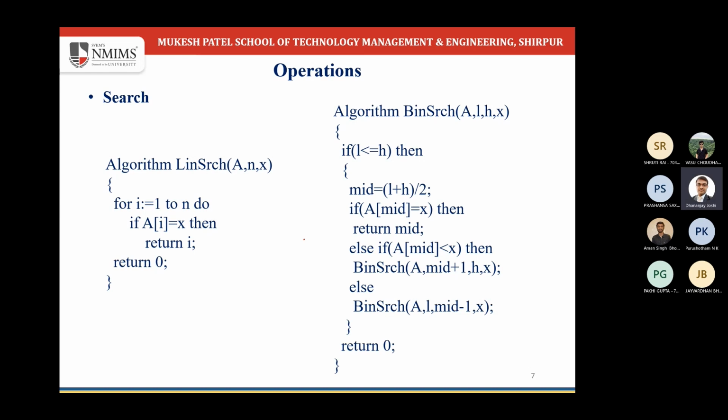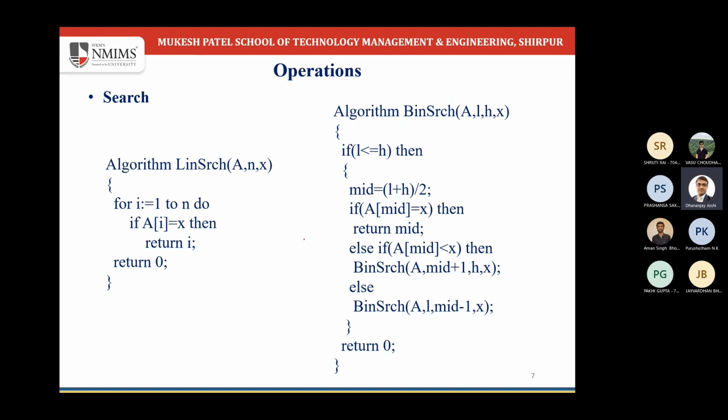If I give you a list of names which is not sorted alphabetically, and I ask you to find Aman in this list, अपना intuitive approach क्या है? We will begin from the first name and we will scroll down until we find Aman. This will be our approach, and this approach is linear search.